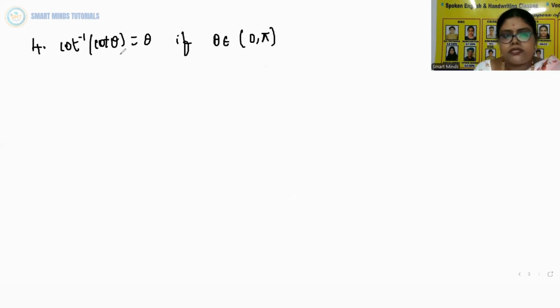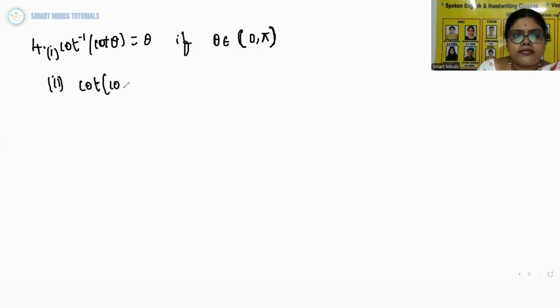Please note this. Here simple bracket means open interval. Open interval means the corners are excluded. This is the first bit, and the second bit is cot of cot inverse x equals x if x belongs to R.